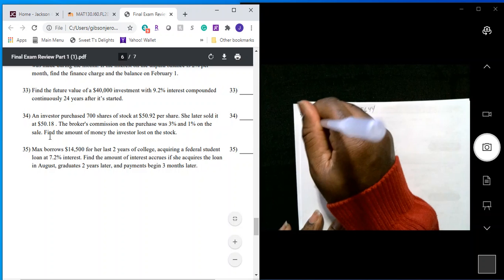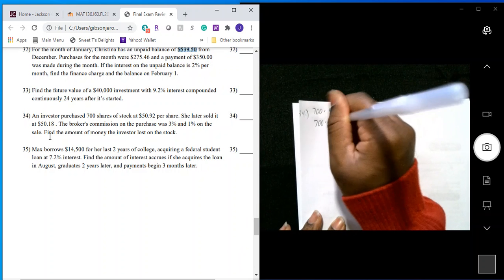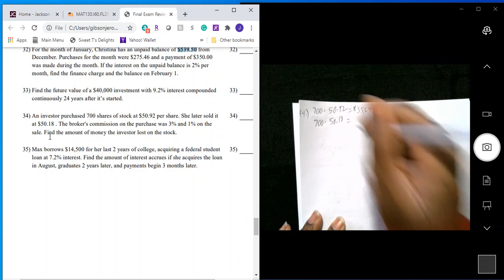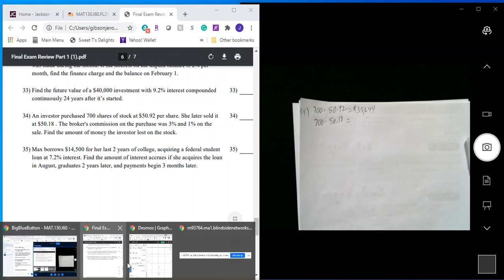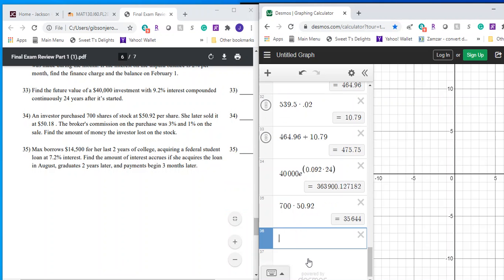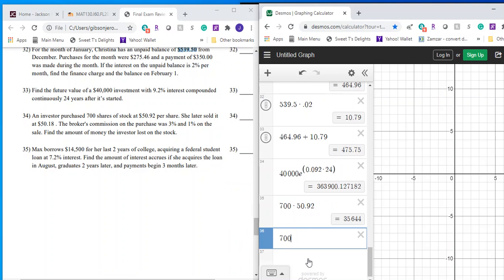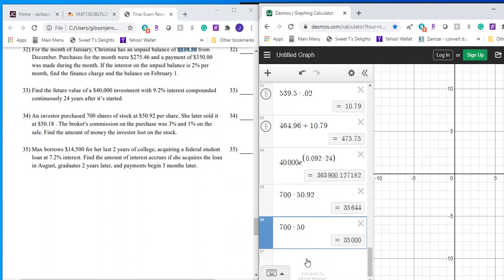So we'll take the 700 times $50.18. We'll put that in the calculator. So that's $35,126. That's how much it was sold for.